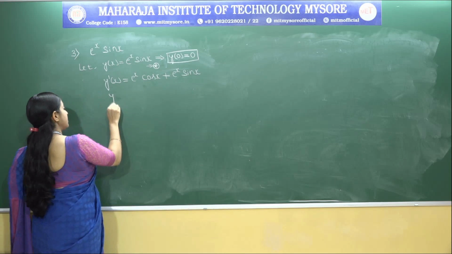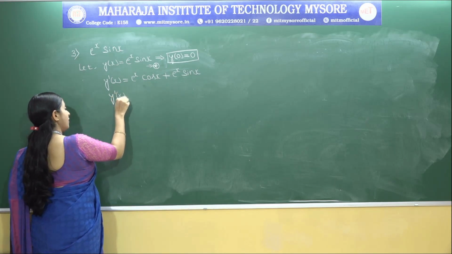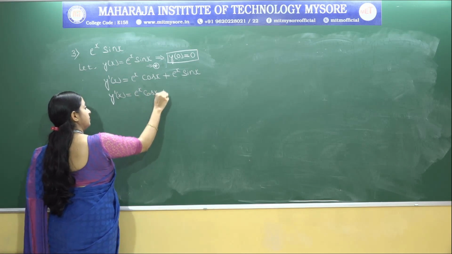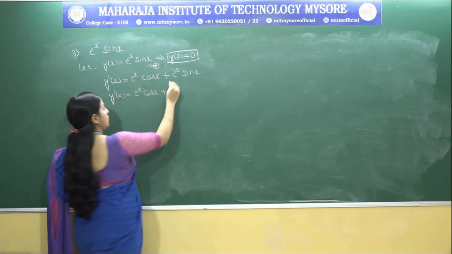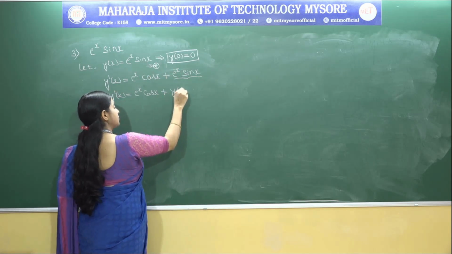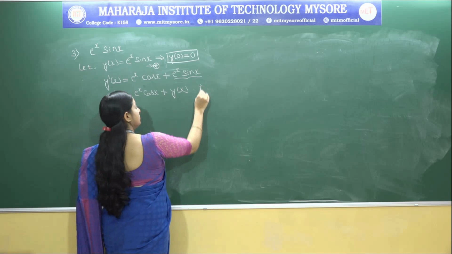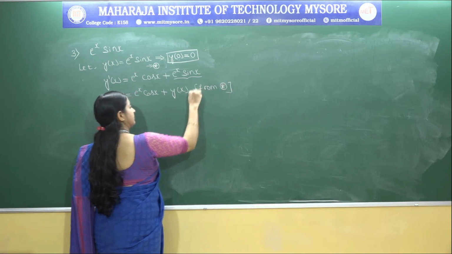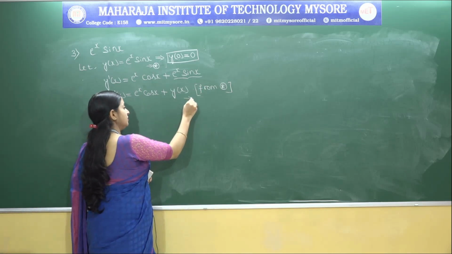So from the equation star, you can also write this term y dash of x equals e power x cos x, plus for the e power x sin x, using the equation star, you can write this as y of x. Keep this as equation 1.